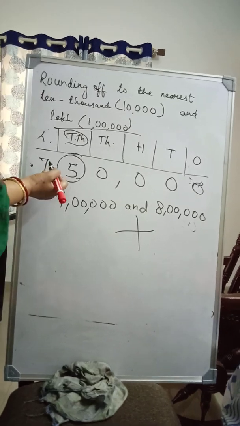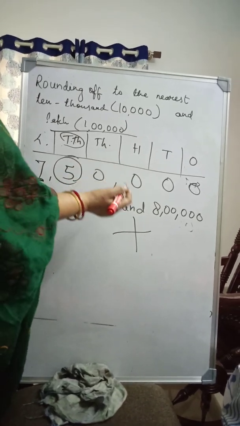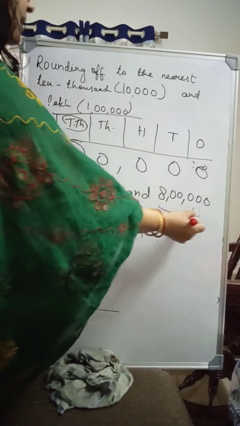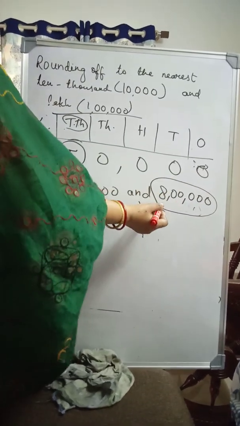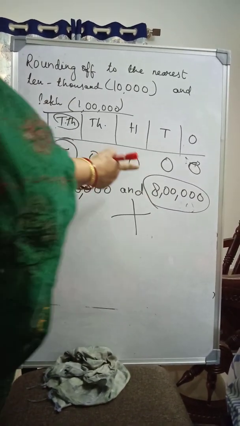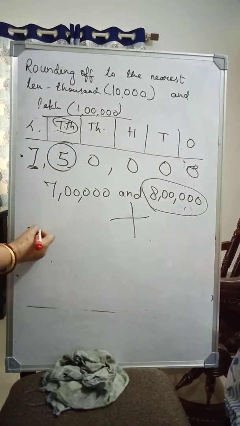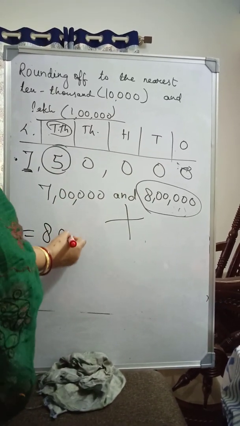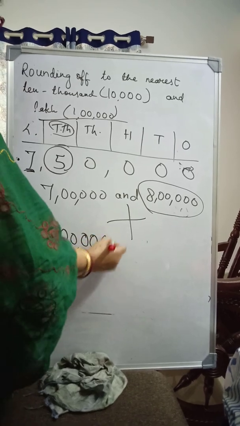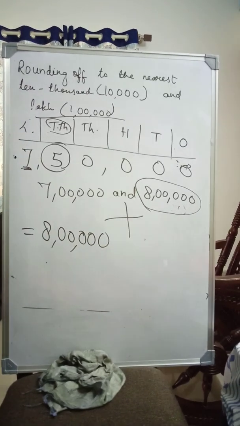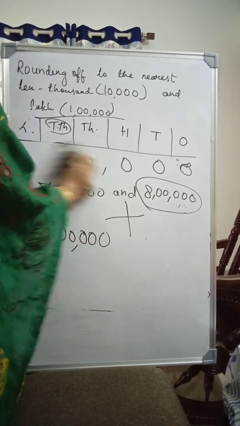Rounding off 7,50,000 to the nearest 1 lakh is 8 lakhs. Correct? So 8 lakh is the correct answer. Now let us take another example.